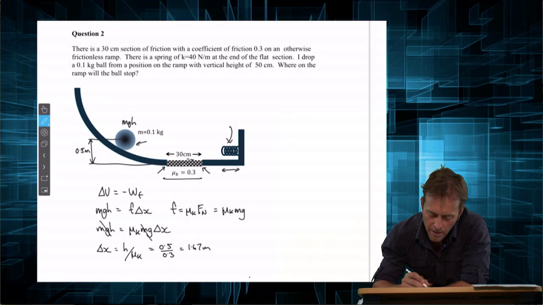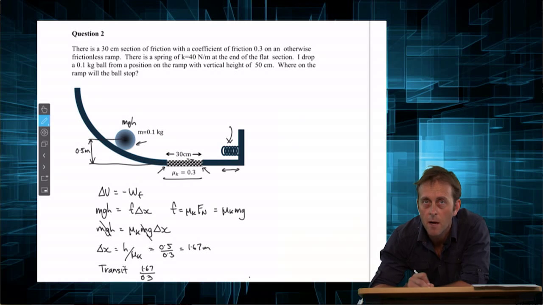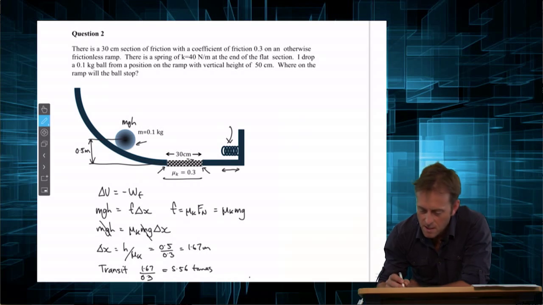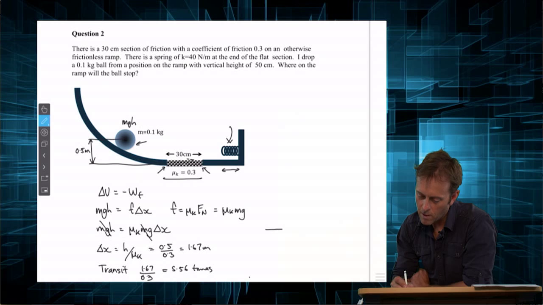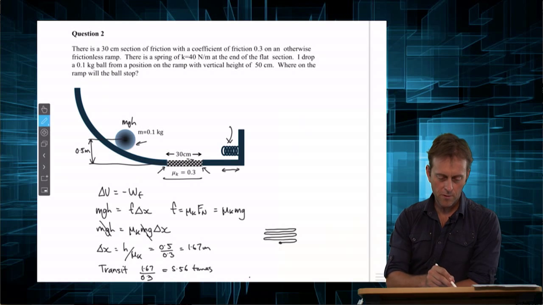Okay, so we can work out how many times that transits. It's going to transit 1.67 divided by 0.3 times. That's the number of times it's going to be able to go across that friction, which is 5.56 times. That means it's going to go 1, 2, 3, 4, 5, and it's going to stop at some point, which is 0.56 times 0.3.